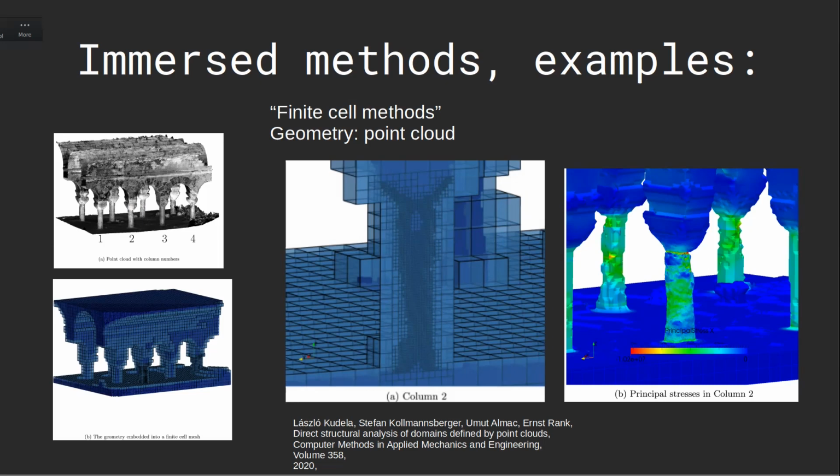So what they did was immerse it in these very simple immersed elements. This was an adaptive simulation, so they could adaptively refine where needed. In this simulation, they did, I think, a principal stress analysis. This is a pretty nice use case of immersed methods because it was difficult to obtain a normal mesh for this.